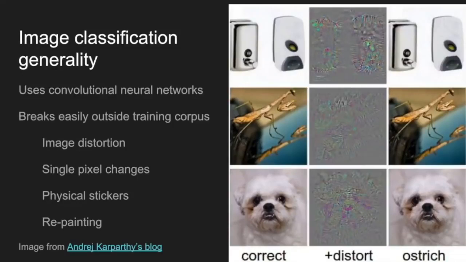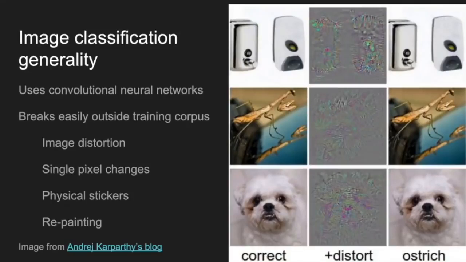And in my favorite demonstration, a physical plastic turtle was rotated, and from every direction, the convolutional neural network confidently predicted that it was a turtle. Then, after just repainting a different pattern, not symbolic or representative of anything, but carefully chosen, that same convolutional neural network categorized it as a handgun.